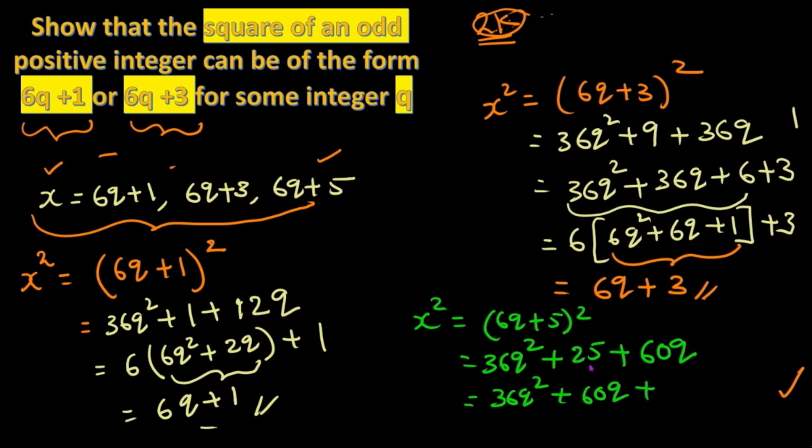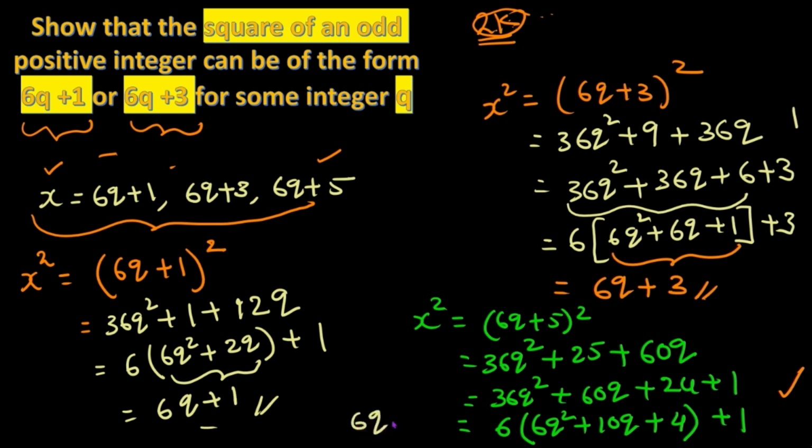Plus this 25 can be written like 24 plus 1. Then if you take 6 common here, we get 6q square plus 10q plus 4, and 24 plus 1. Now this entire term in the bracket can be expressed like another q variable, so it becomes the 6q plus 1 format.